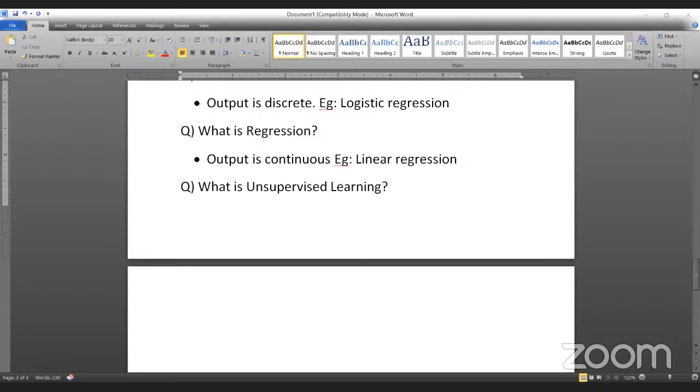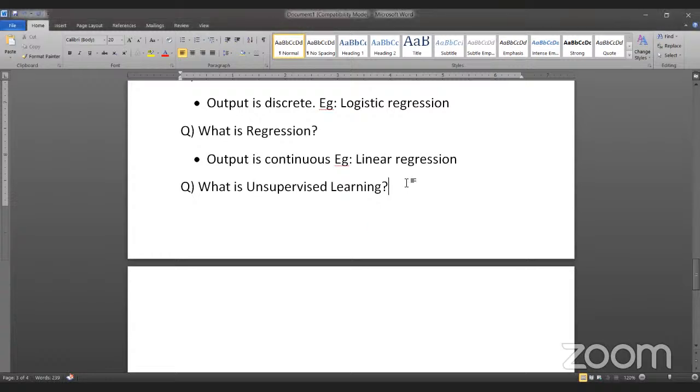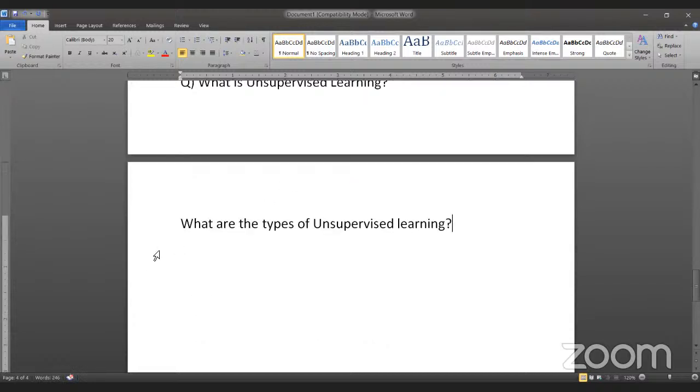Okay. Now, what are the types of unsupervised learning? So we can majorly divide this into two.